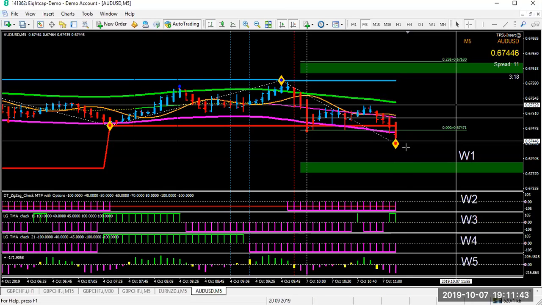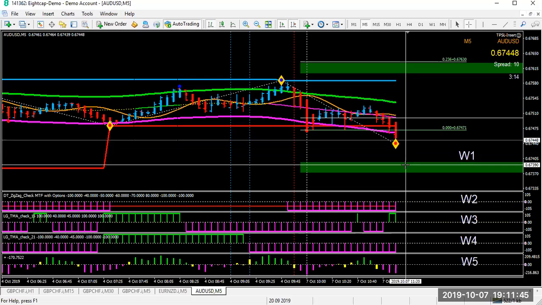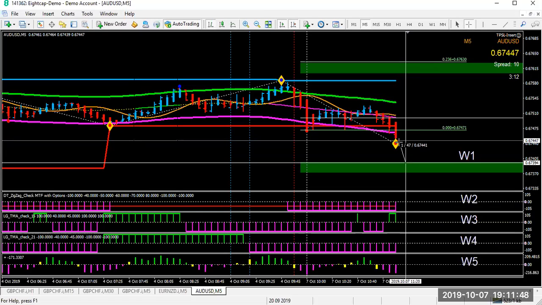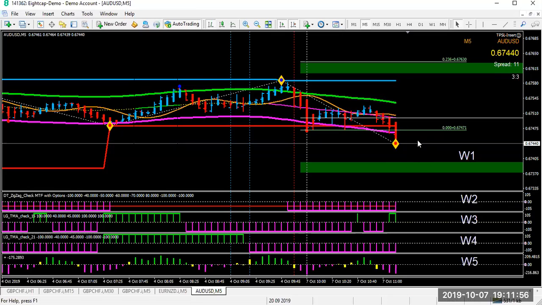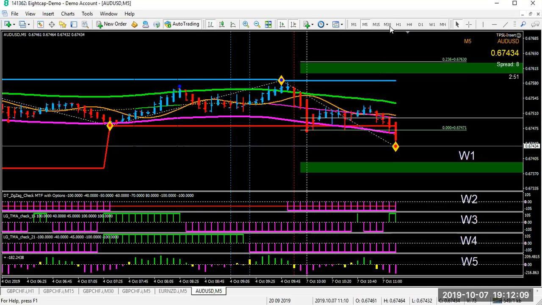The next target is this area down here, about 5 pips further on. In this situation, price might consolidate, go sideways a bit, perhaps come back in and then push down. But it's certainly having traction down towards here, to that support line.